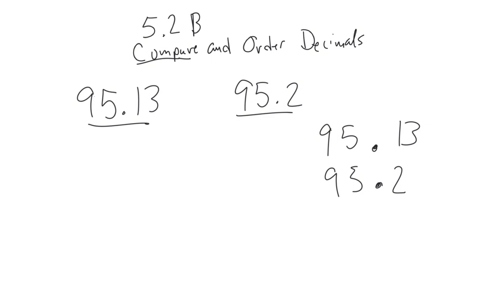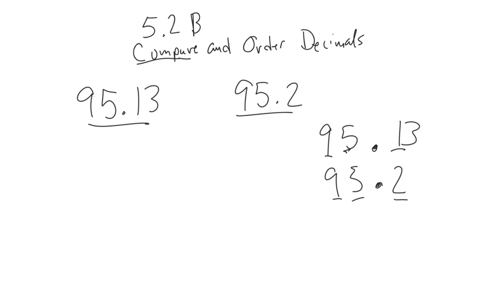Again, we're starting from the very left of the number. So we have 9 in the tens, 9 in the tens. So they're both the same. And you keep going, working your way towards the right. So 5 and 5 in the ones, correct. And then this is where we have a difference: 1 in the tenths and then 2 in the tenths down here.